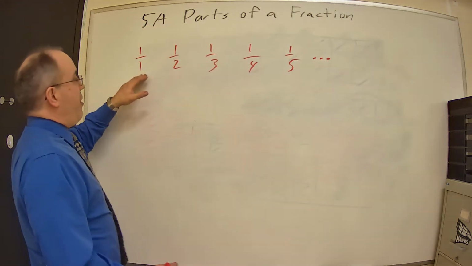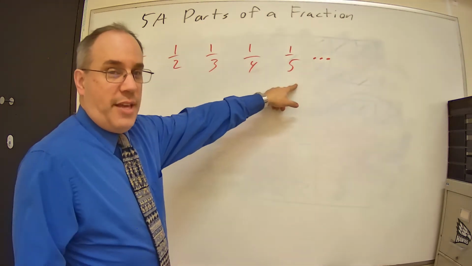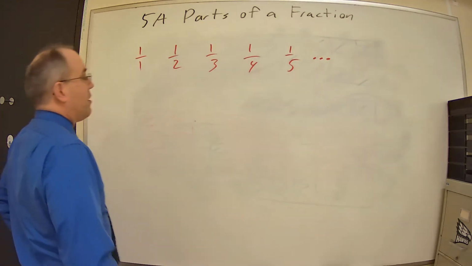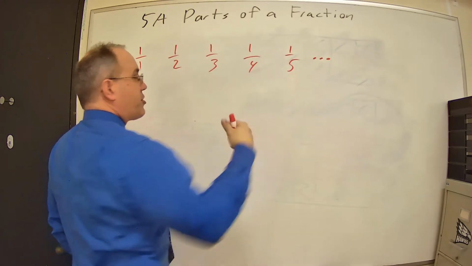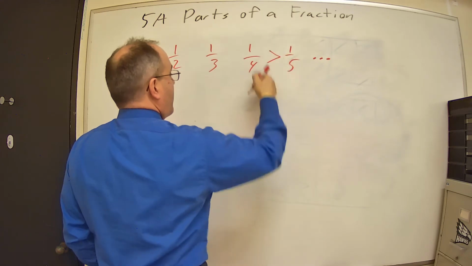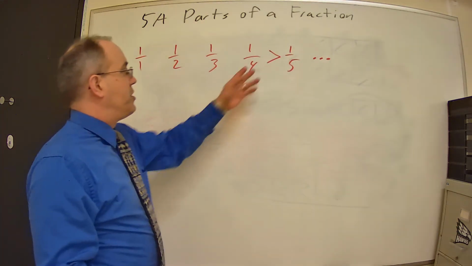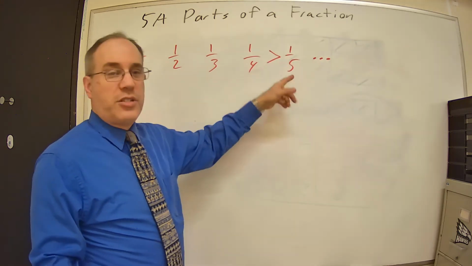So when we're comparing one piece of a number of pieces here, the larger the denominator, the smaller that piece is going to be. So 1/5 is going to be less than 1/4. When you're dealing with greater than and less than, remember, the smaller side points to the smaller number.